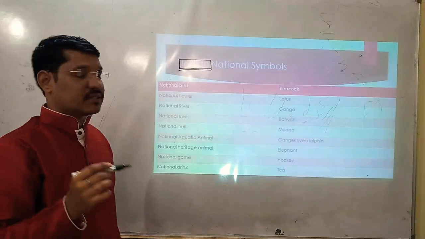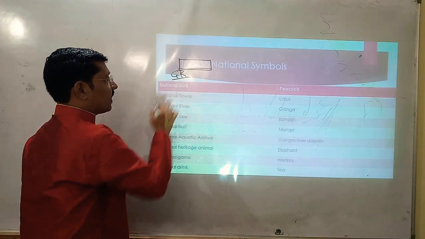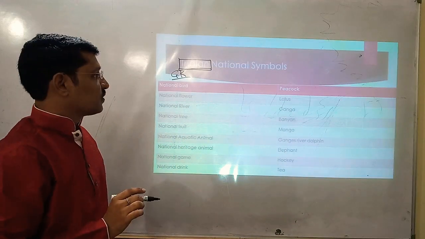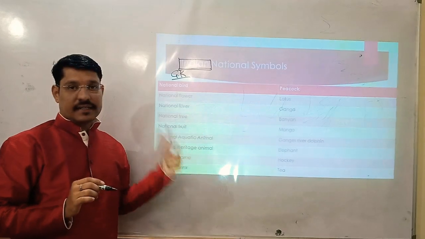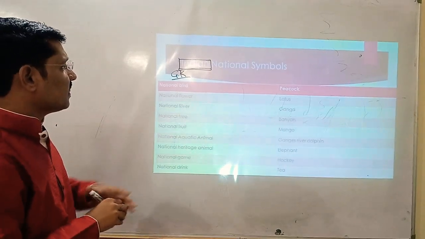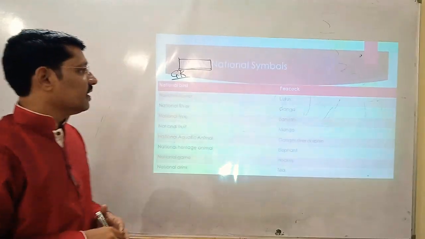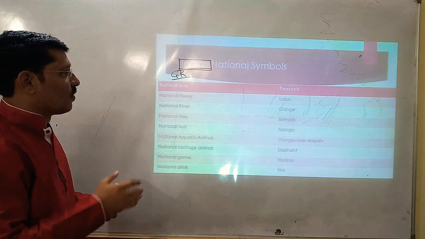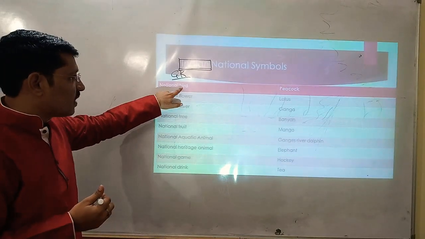Almost all competitive examinations ask GK questions related to our country. So it is our first responsibility to know about our country. Now these are the Indian national symbols. What do you mean by this? Which is our national bird?